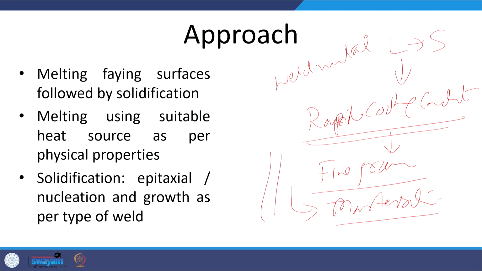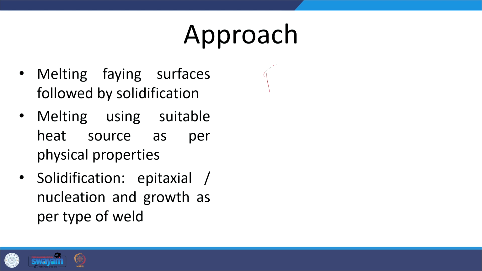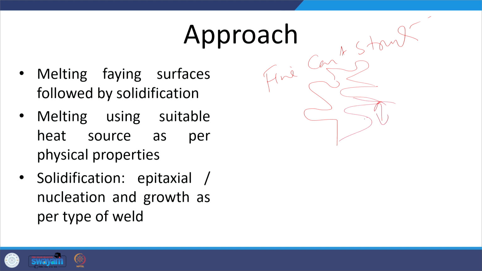So, we basically get a very fine cast structure, and this cast structure usually has very fine dendritic arms like this. The interdendritic arm spacing is extremely fine in the case of welds. However, this kind of behavior is observed not exactly at the fusion boundary but a little away from it, because the weld shows 3 or 4 different types of microstructural variation from the fusion boundary.